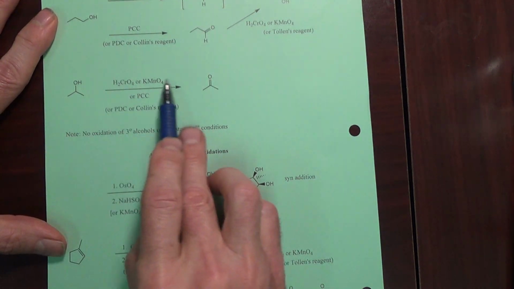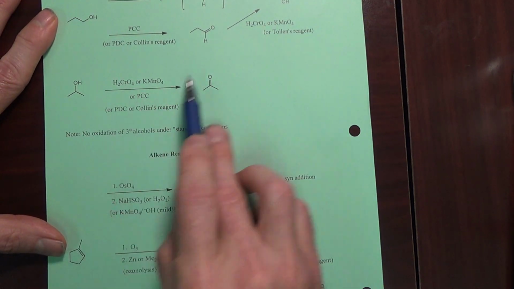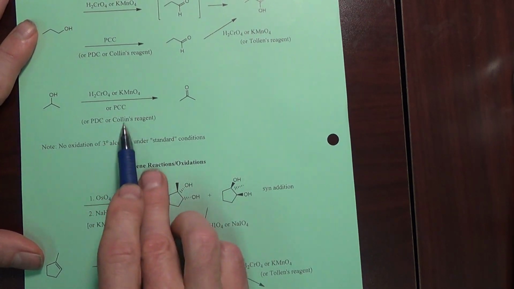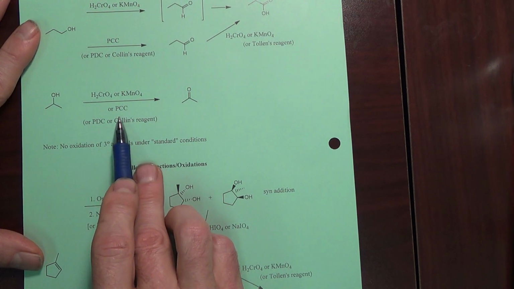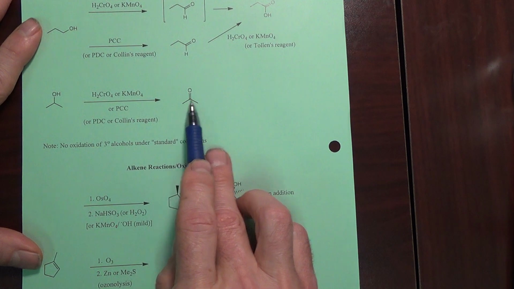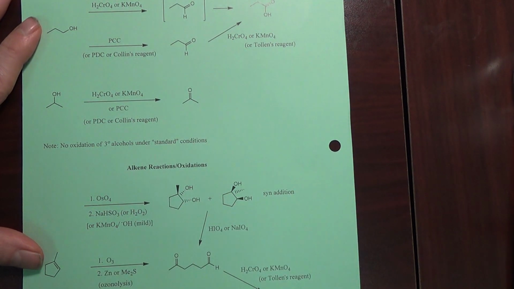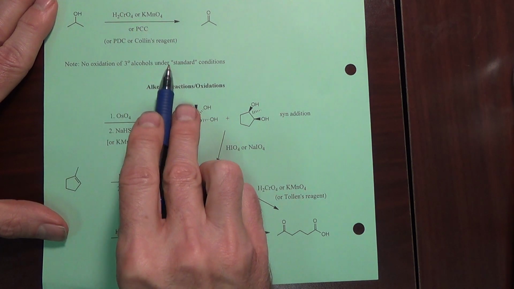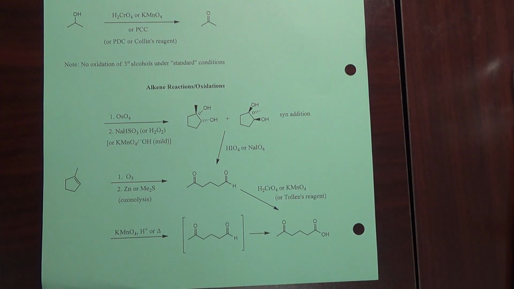Secondary alcohol, one of the big 3, or even one of these reagents here. I don't know why you would use one of these more specialized reagents, because in either case you're going to stop at the ketone, because ketones are not further oxidizable in this class. And of course tertiary alcohols are not oxidized at all in this class.